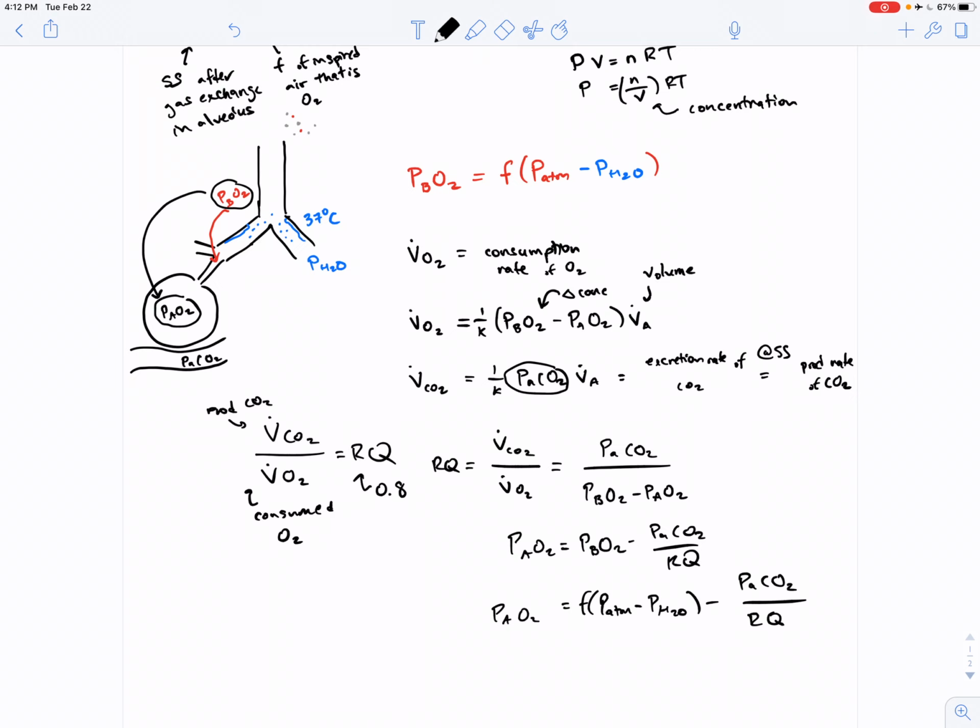I think the part worth pointing out is that this PaCO2 over respiratory quotient is kind of a strange quantity. It's not really related to our alveolar oxygen directly.